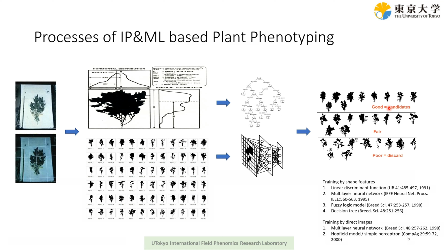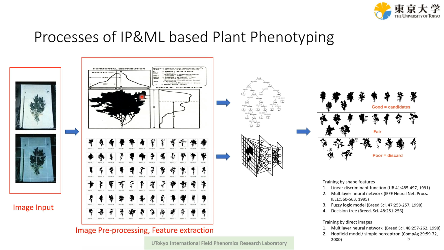Actually, this is a very old work of my supervisor, which was done in the 1980s. As you can see here, the images are collected by the camera and inputted into the computer. The next thing you can do is image pre-processing and extracting the features from the images, and find the best model for extracting the traits.